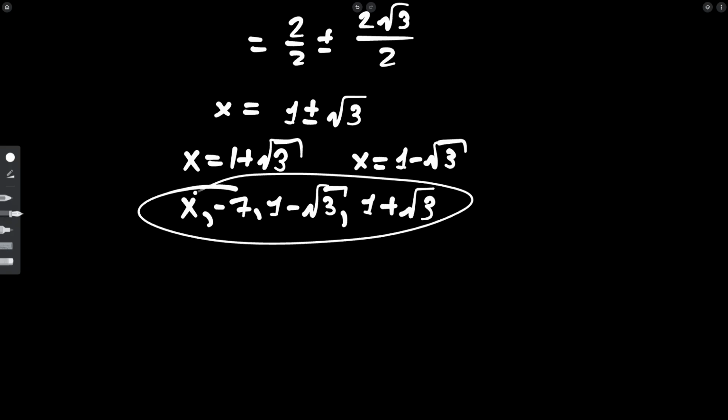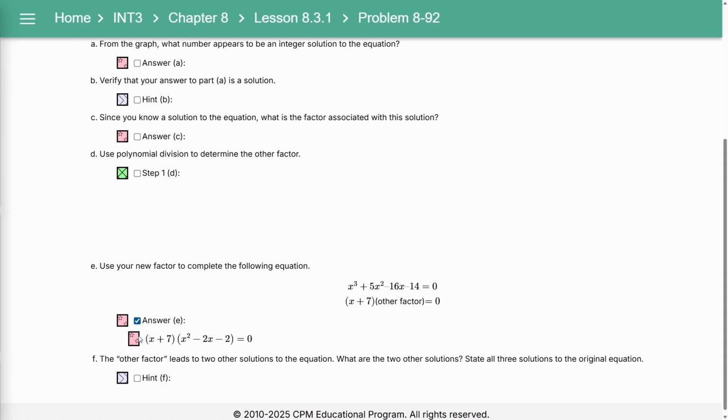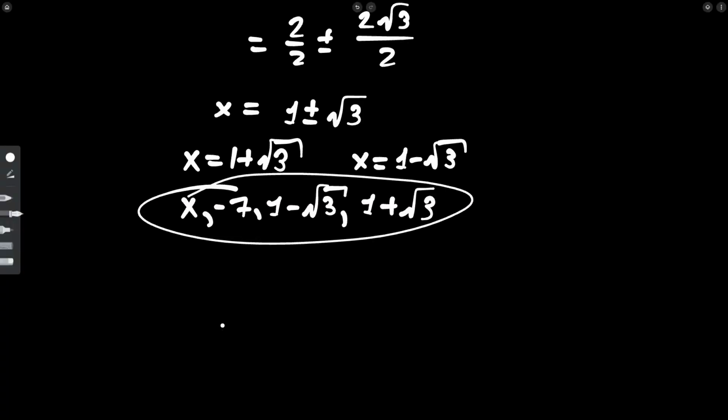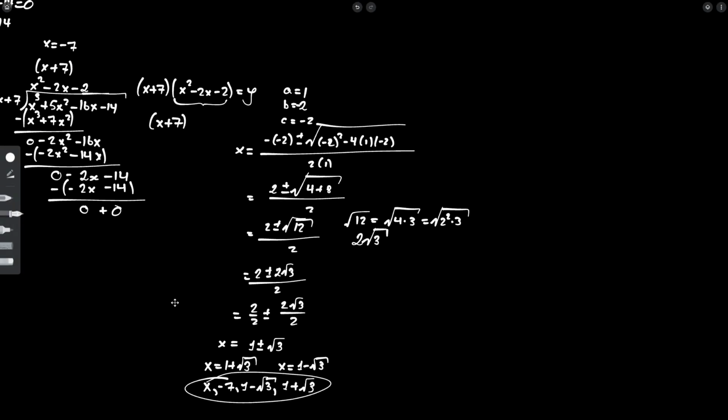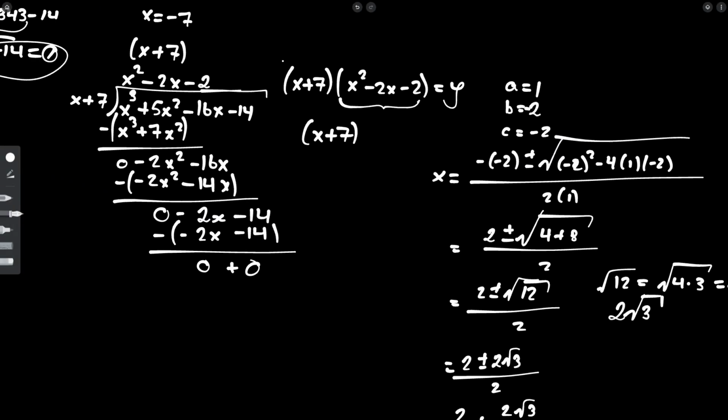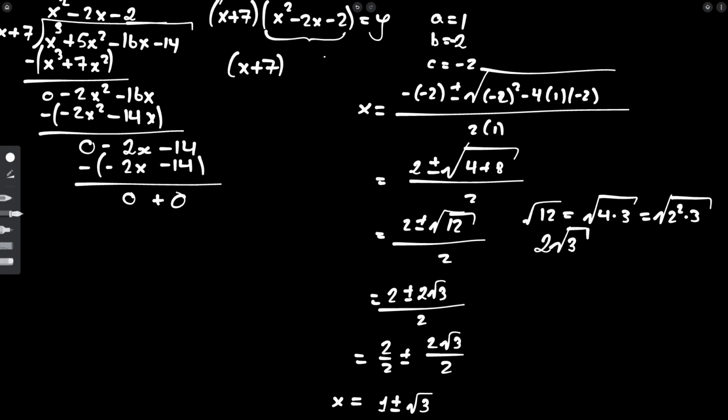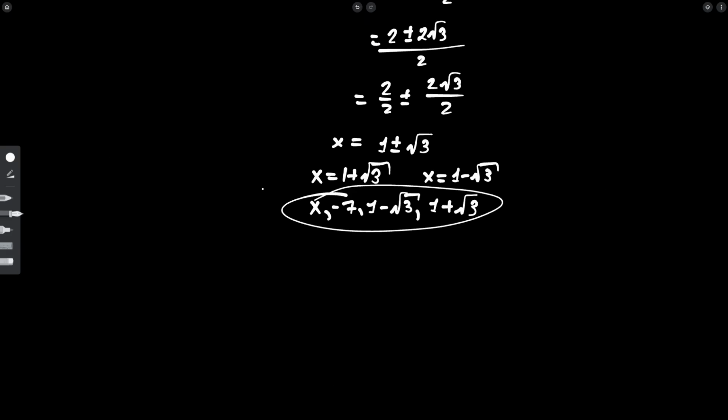These are our solutions. I'm actually curious, what did it say here? Oh, so the step that we did up here, where is it, the long division, this was part E, and all of this work here solving was part F.